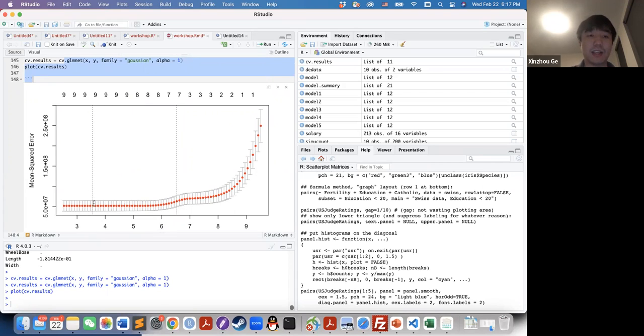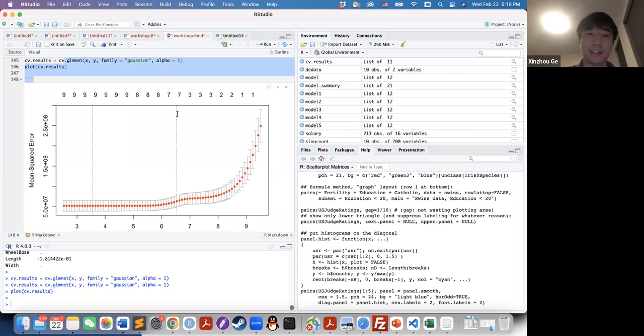The first vertical line is the lambda which has the smallest mean squared error from cross-validation. And the second is the lambda which is larger than the first, but it gives a prediction accuracy which is within one standard error of the minimum mean squared error.